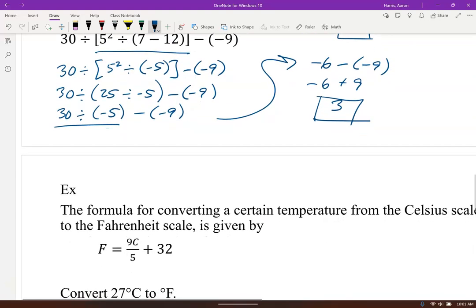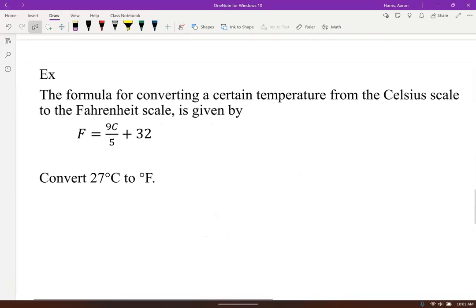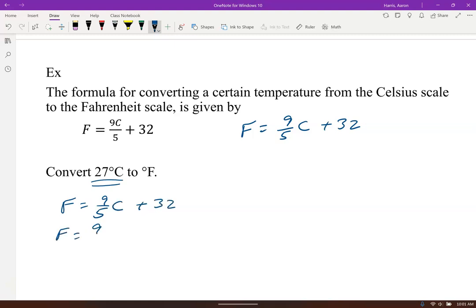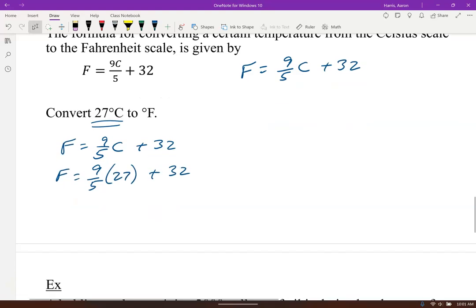All right, let's keep going here. The formula for converting a certain temperature from Celsius to Fahrenheit is given by Fahrenheit equals 9/5 times capital C plus 32. Let's convert 27 degrees Celsius. So there's our Celsius that we're going to plug in. So we got 9/5 times 27 plus 32. So let's make that 27 as 27 over 1 so we can multiply those fractions.